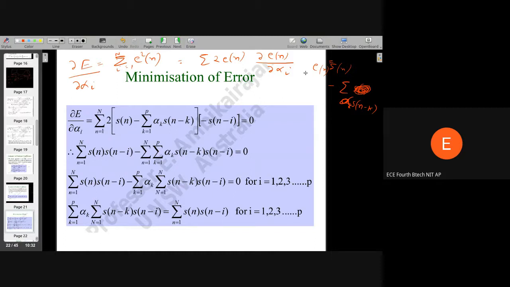So if you differentiate this term e n with respect to some alpha i, you will only get this s of n minus i. The minus term is here. And this is nothing but your twice e n.